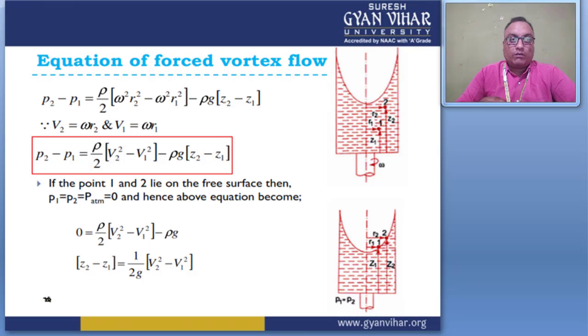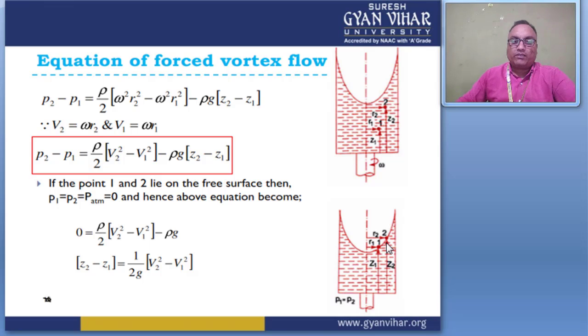If points 1 and 2 lie on the free surface, then P1 equals P2 equals P atmosphere, which is 0. Hence the above equation becomes 0 equals ρ/2 (v2² minus v1²) minus ρg(z2 minus z1), so z2 minus z1 equals 1/2g (v2² minus v1²). This is the case if both points 1 and 2 lie on the free surface of the liquid.